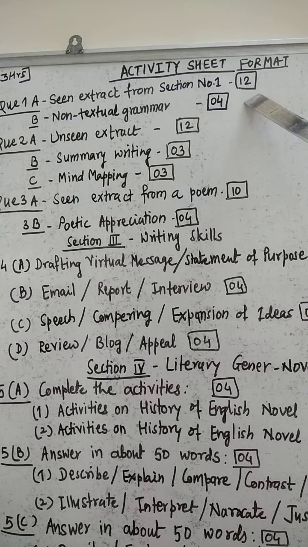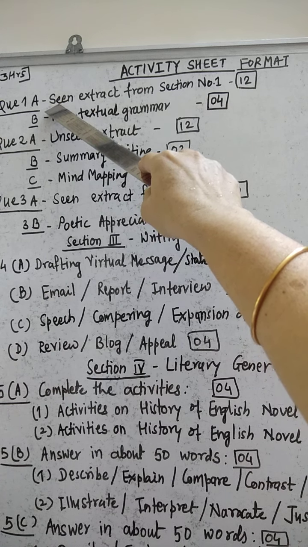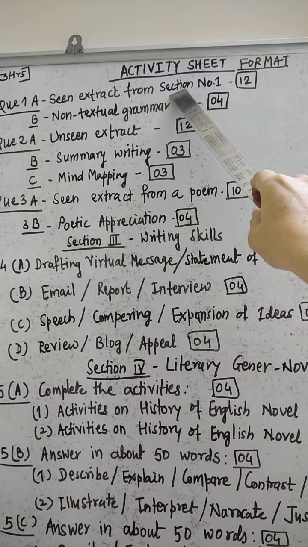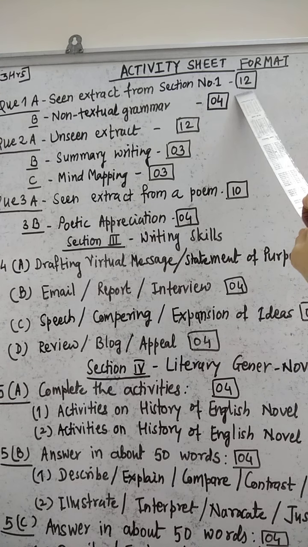Now language study actually deals with the grammar transformation question, and A6 carries the vocabulary question. So question 1A is based on a scene extract from section 1, that is the prose section, and this carries 12 marks.